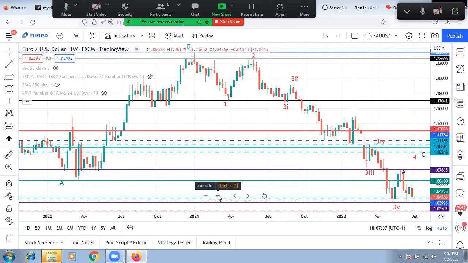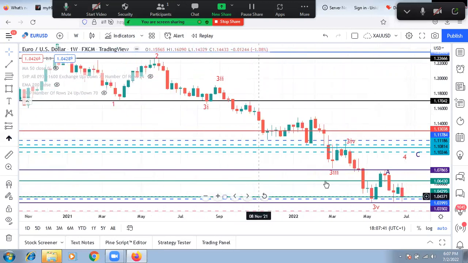Now, the question here for me is, if we are going to have an elongation or a bigger correction, because we said this is 23.6, and at this level here, we said is 38.2. So will the price do 38.2?